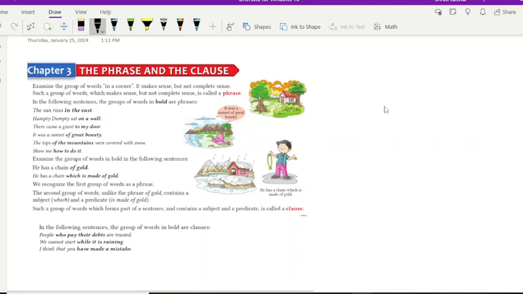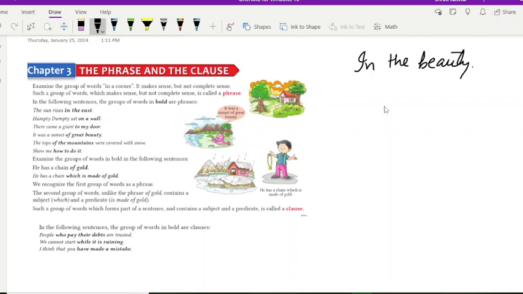Let me give an example: in the beauty. Does it make proper sense? Is this making a complete sense?